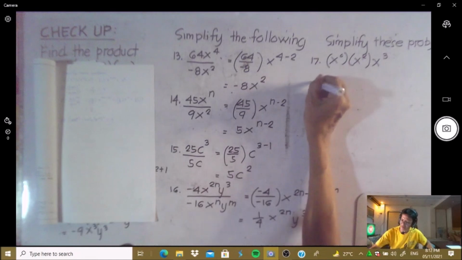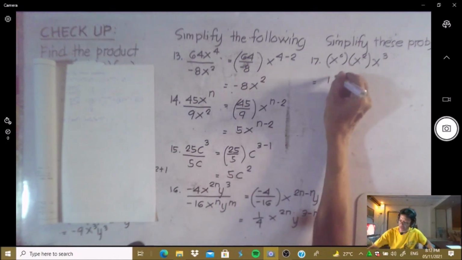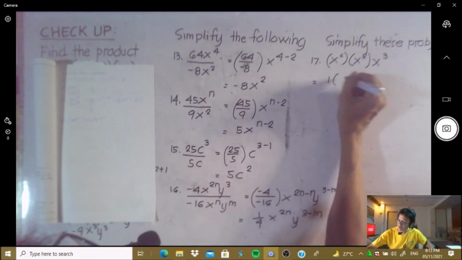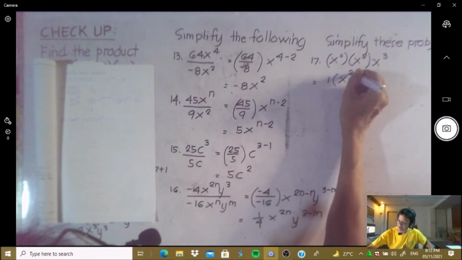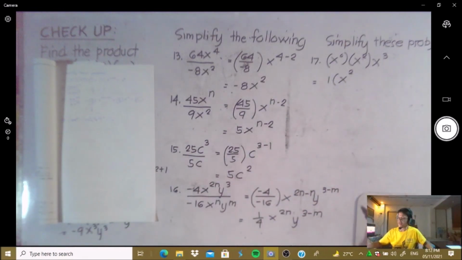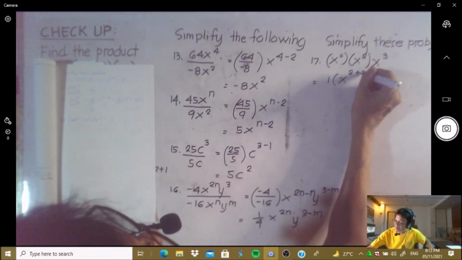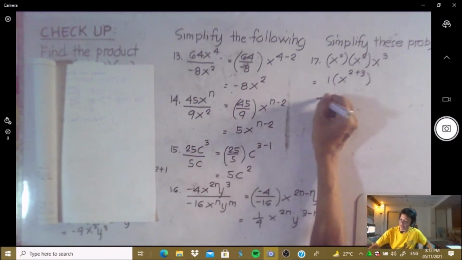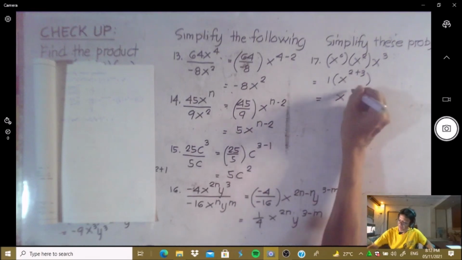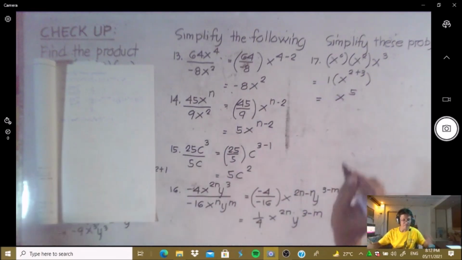Okay, therefore, x raised to 0 is equal to 1 multiplied by x squared, or 2 plus 3. And therefore, our answer is equal to x raised to 5.